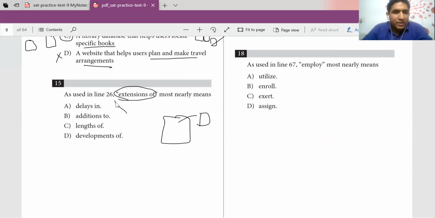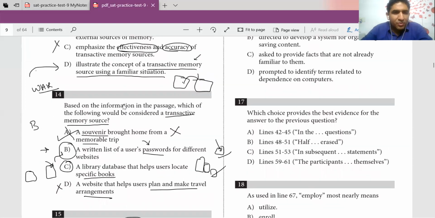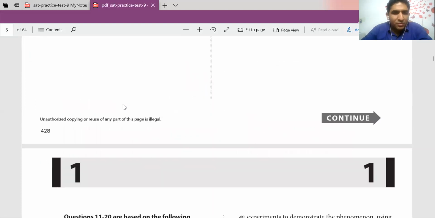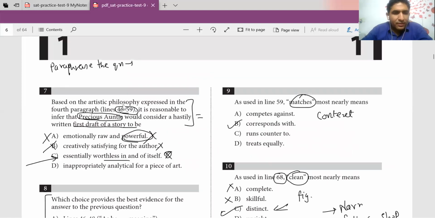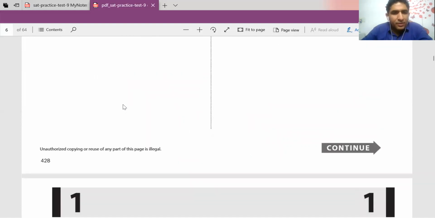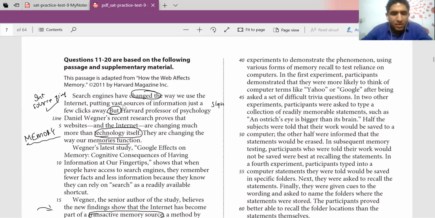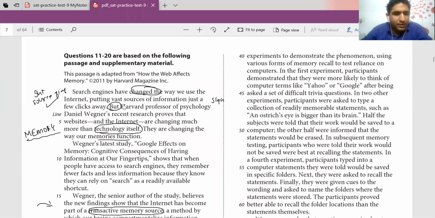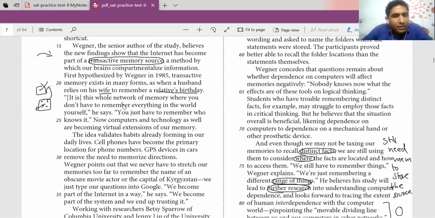Let me go to line 26 and see what is going on. So if I go to line 26 all the way in this passage, line 26 would be at this place here. Now, computers and technology as well are becoming virtual extensions of our memory.